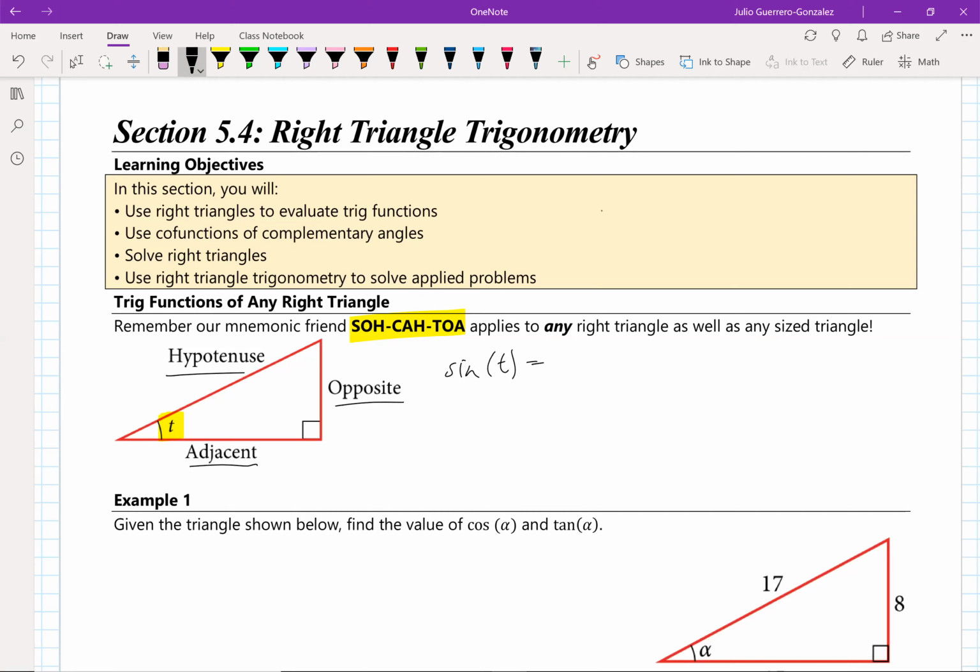Opposite is opposite, and that long leg is always the hypotenuse. So sine is opposite over hypotenuse. Cosine of some angle t is adjacent over hypotenuse. And tangent of some angle t is opposite over adjacent.